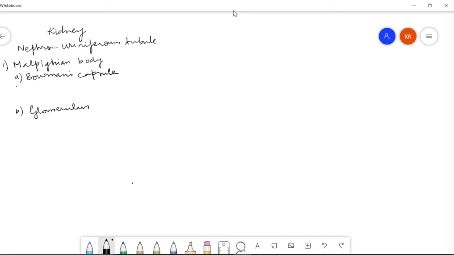Let us look at the diagram of the Bowman's capsule. So this is a cup-shaped structure. And in this cup-shaped structure, there are cells all around the edges.